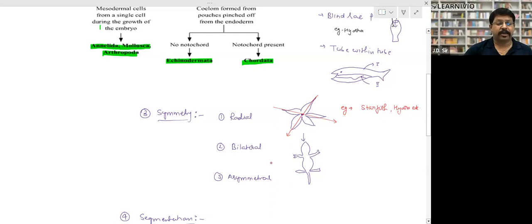In bilateral symmetry, you can divide the organism into two equal halves by a single plane only, right? Like we are bilaterally symmetrical. Suppose this is a lizard. You can divide this lizard into two equal parts from this plane only, not any other plane. That kind of symmetry is called bilateral. So in radial symmetry, make the diagram of starfish and write the example. This is a simple diagram which I have drawn.